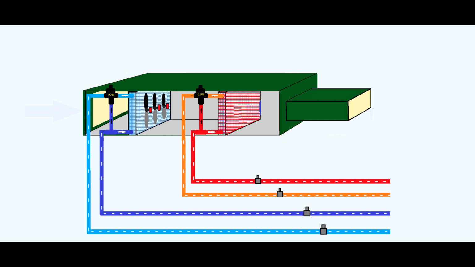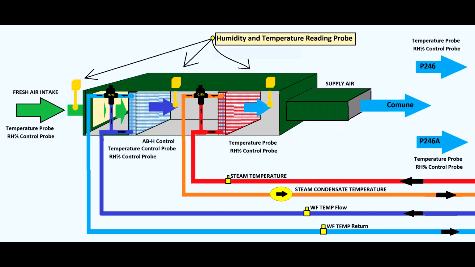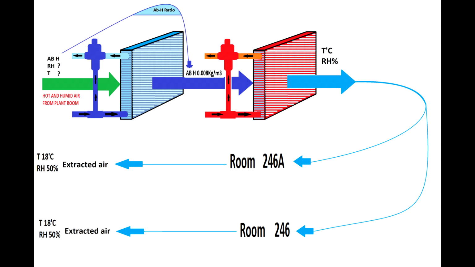Glycol is very important because the glycol temperature and flow rate are an important part of the heat exchanger's capacity. So if you have a bad flow of glycol or a bad temperature, that will be seen on this heat exchanger.